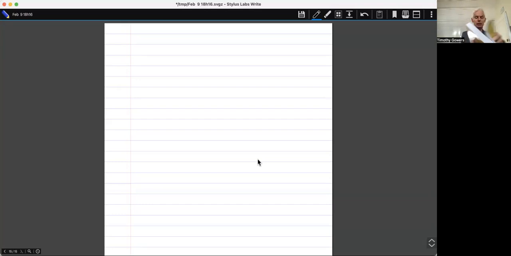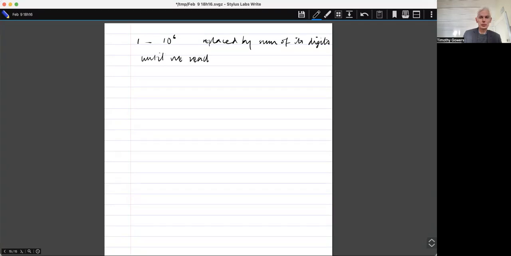So it's question 9. It says each of the numbers from 1 up to 1,000,000, which they call 10 to the 6, is repeatedly replaced by its digital sum, which I presume just means the same as sum of its digits, until we reach 10 to the 6 one-digit numbers.